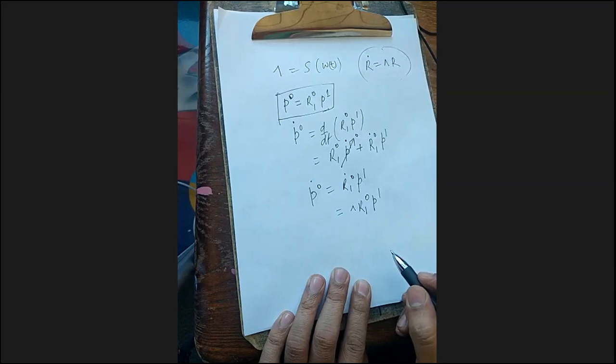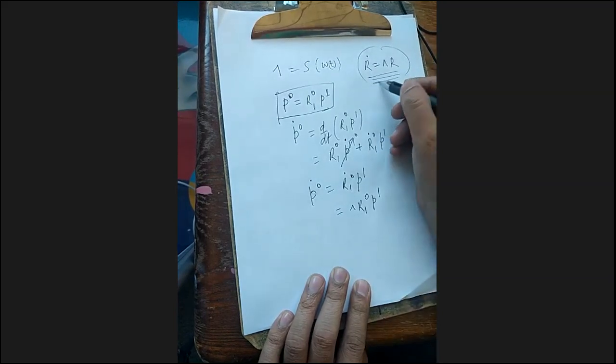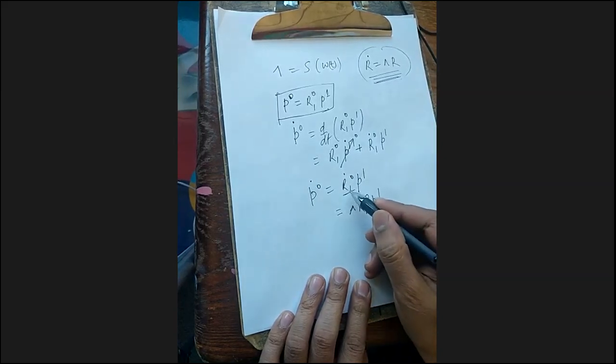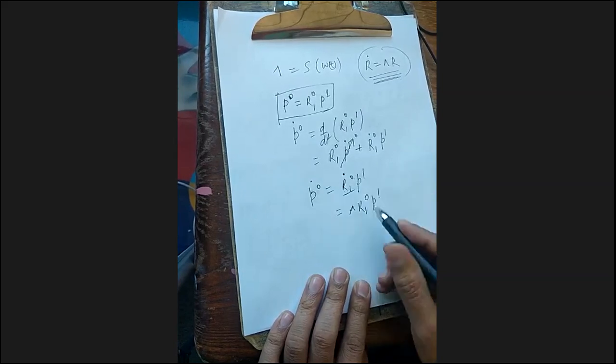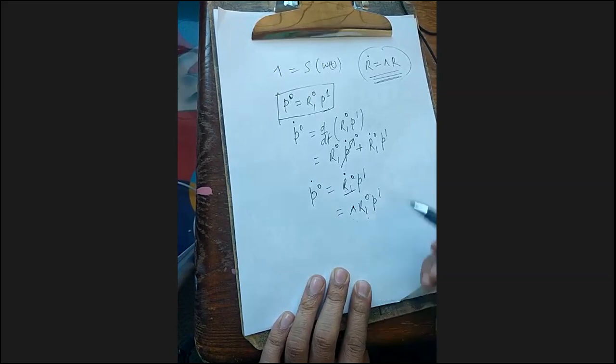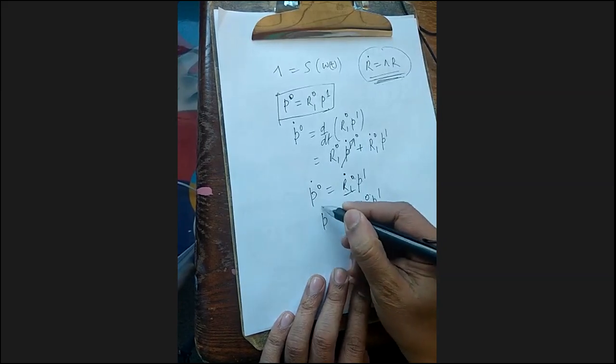Oh, don't worry about it. I'm using this relation here. So this guy R10 dot is lambda R10, using this expression. So far, so good. This is one of my equations.